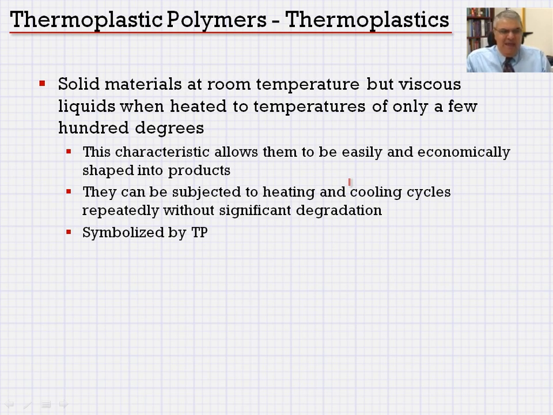So one of the biggest advantages of plastics is they can easily be shaped into many different shapes that are desired, and it is also very economical. The other advantages, thermoplastics could be subjected to heating and cooling cycles.